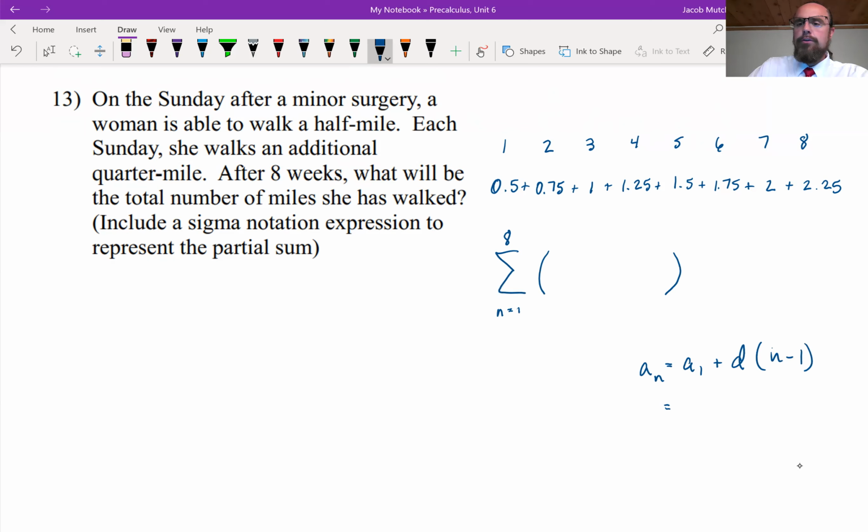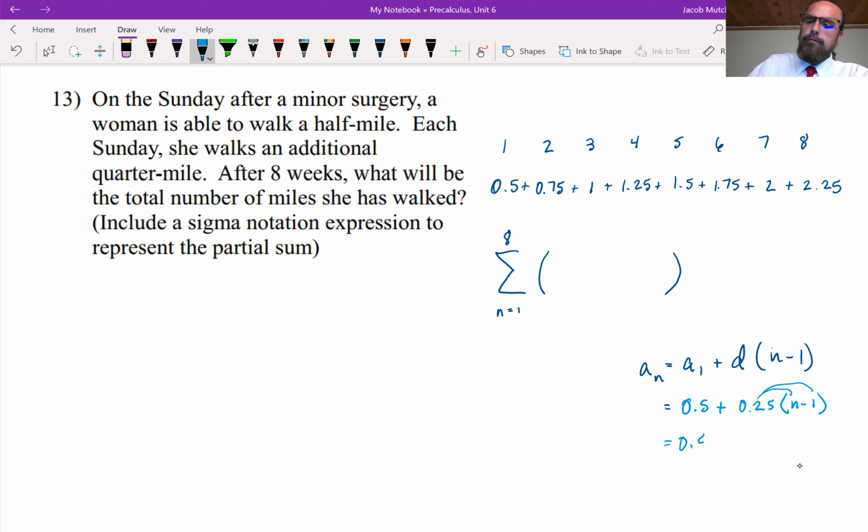And we'll plug in our first term, so that's half, 0.5, plus the difference, and that was the quarter mile that we added each time. So 0.25 times n minus 1. I'm going to distribute the quarter through the n minus 1 binomial.